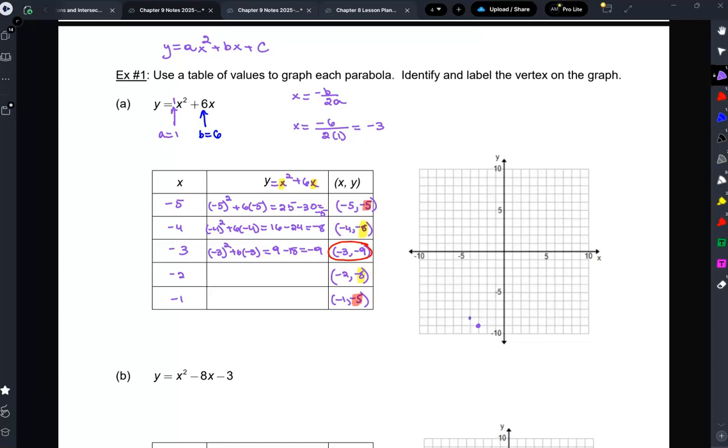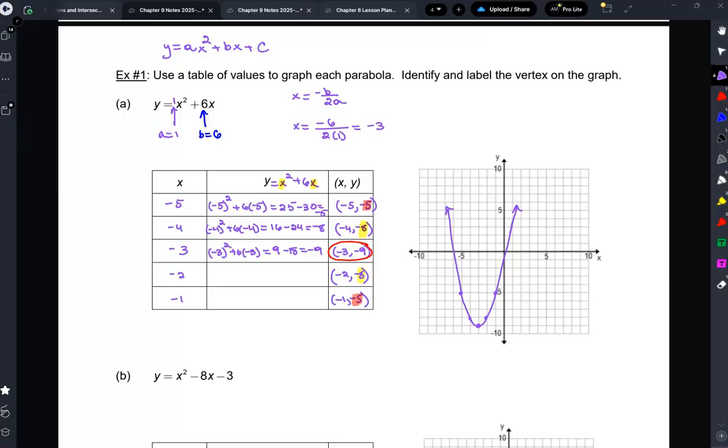This is so much fun. -2, -8. -1, -5. -5, -5. This is so much fun. Okay? Who likes this? We all do.